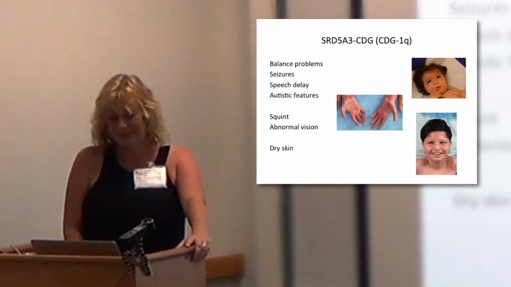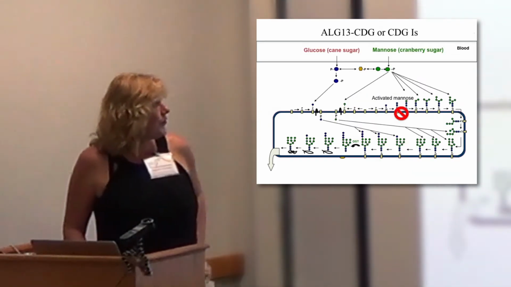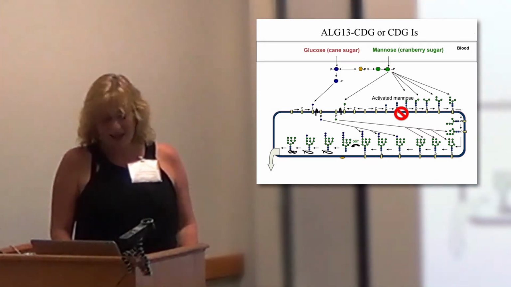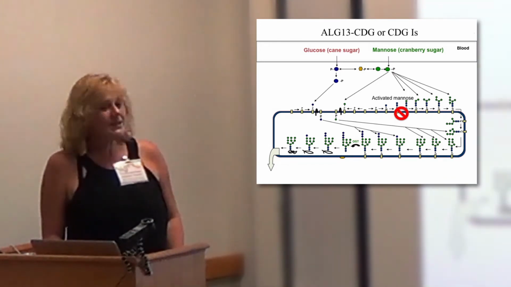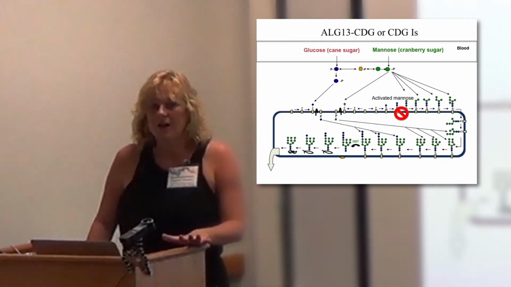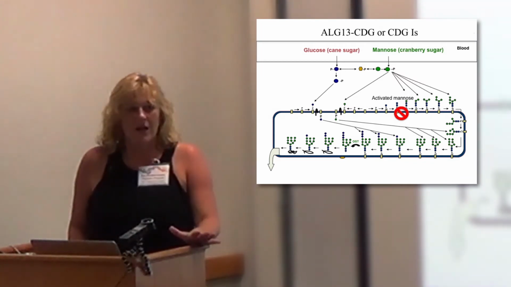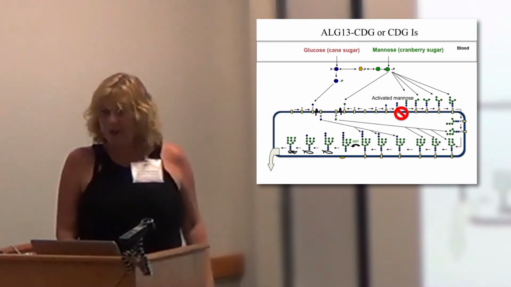So the next disease I wanted to show you is ALG13 CDG, and I actually have a very cute picture coming up. This is a horrible CDG. We always thought that's one of the most severe ones. And actually you see that the problem is also very, very early.